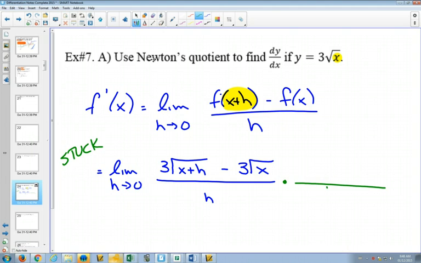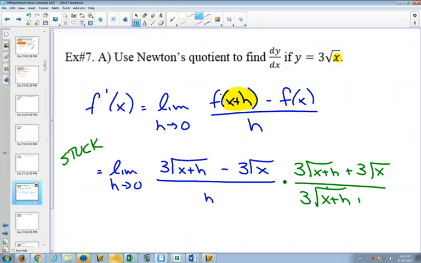Something that involves square roots. And what we're going to multiply the top by and the bottom by is exactly the same thing that was on the top with our square roots, but you notice that I have a plus sign in between.